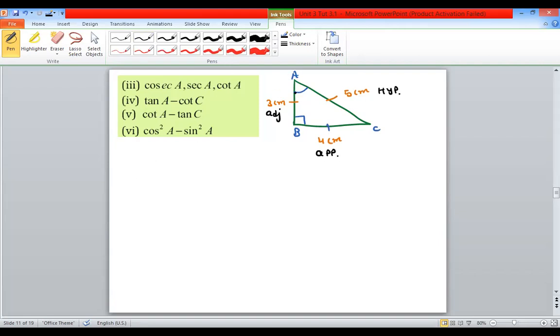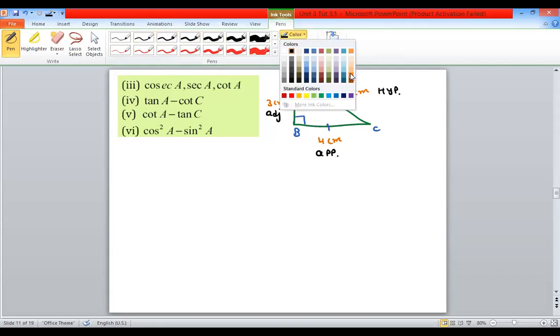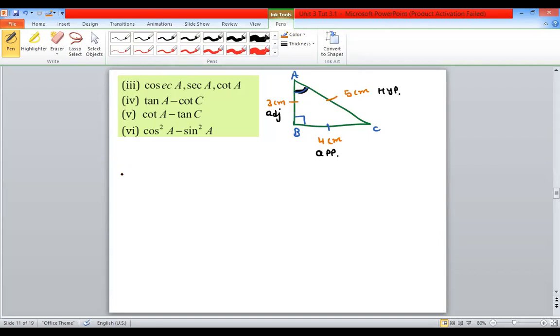When you have this angle A, okay. So let me first of all find the third number things. Third number things is cosec A, sec A and cot A. So cosec A. Cosec A is a reciprocal of the sine.